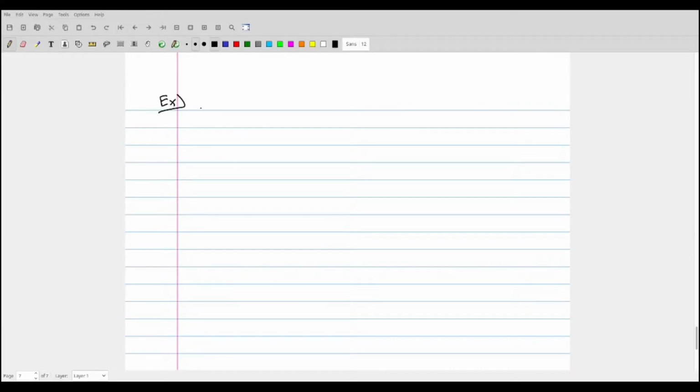Consider the limit as (x, y) goes to (0, 0) of x squared minus xy over the square root of x minus the square root of y.